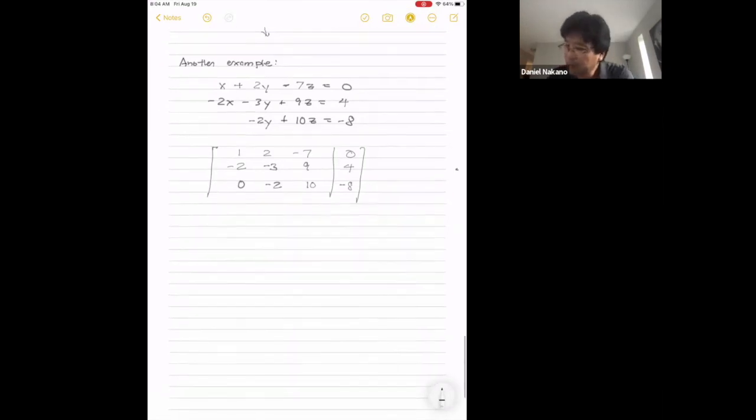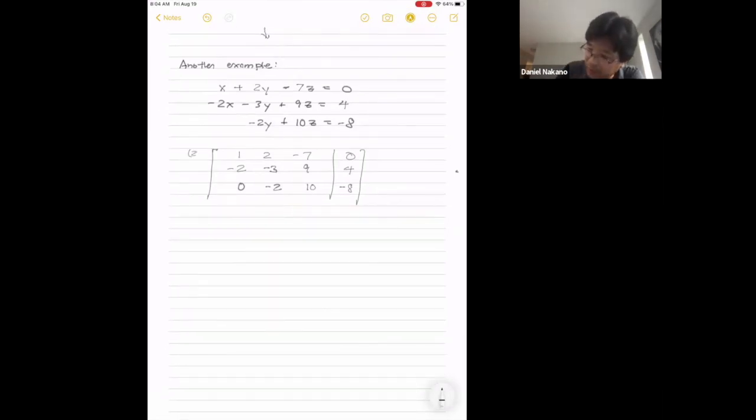Okay, so I'm going to use this as a pivot here, and I'm going to multiply the first row by 2. So 2 times equation 1 plus equation 2. I'm going to put it in the second row.